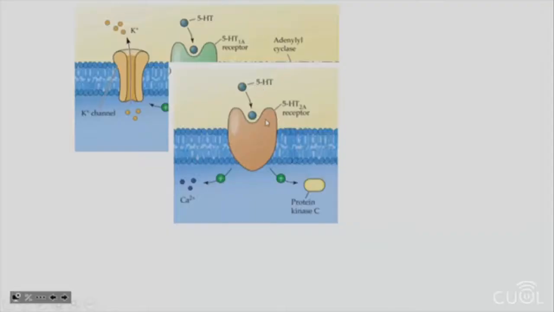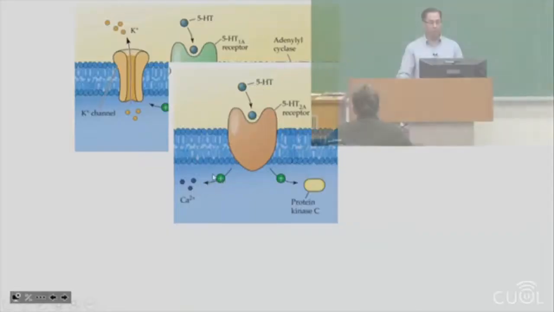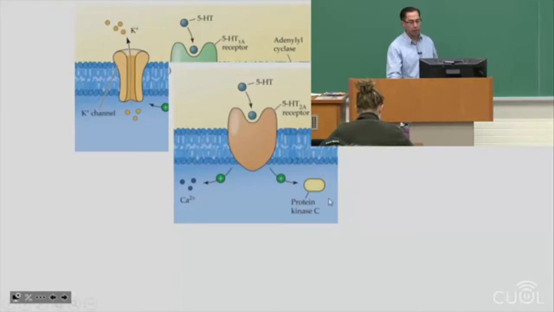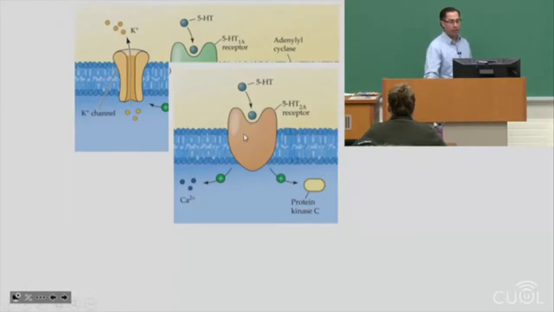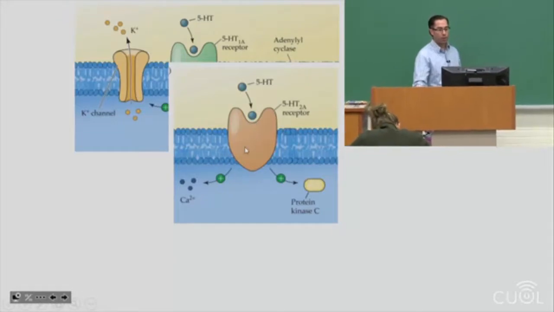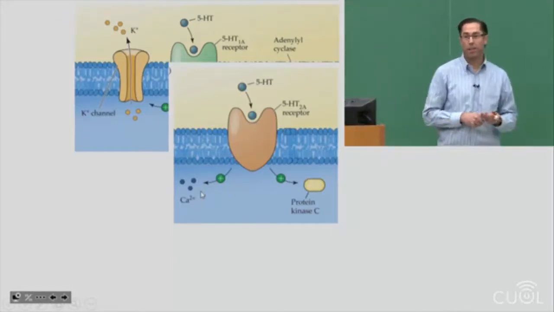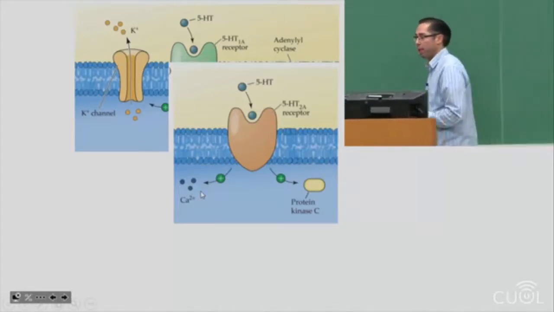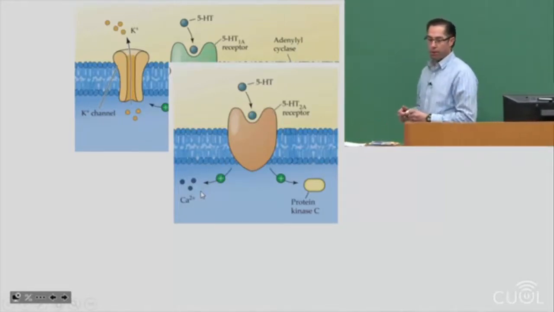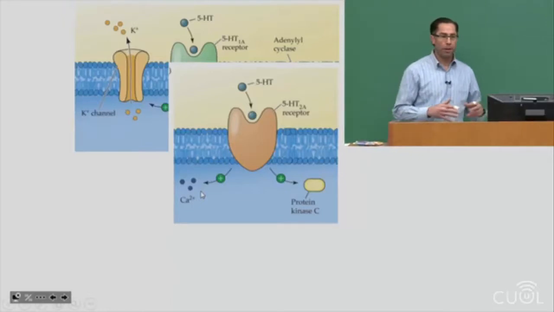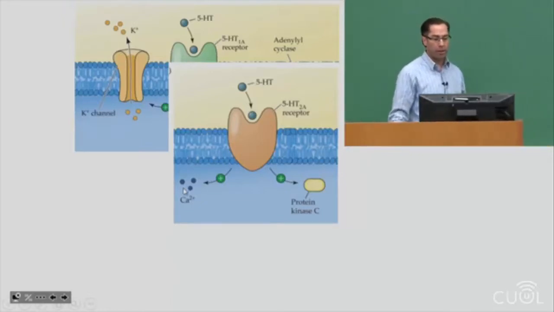Serotonin bound to the 2A receptor increases calcium levels and protein kinase C. So what we're really looking at here is the 2A receptor mediated increase in calcium, which is leading to excitatory postsynaptic potentials. So it's kind of moved away from some of these metabotropic effects, even though it's a metabotropic receptor.